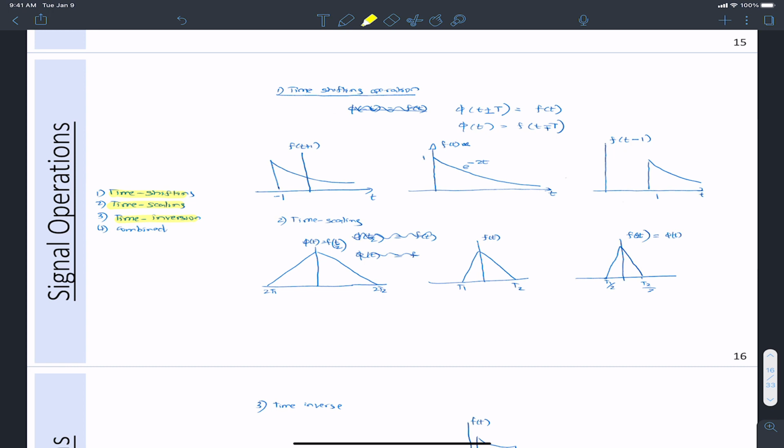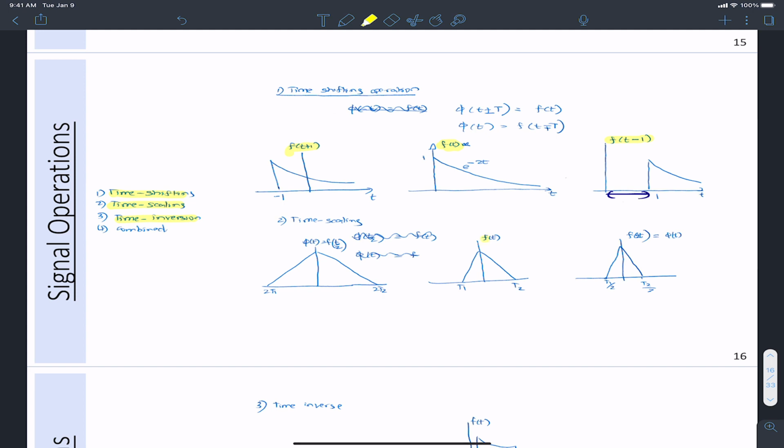If you have a signal f(t) here, then f(t minus 1) means the same signal shifted right by 1. And f(t plus 1) means the signal shifted to the left. So t minus k means it shifted k distance to the right. t plus k means it shifts to the left by that amount.